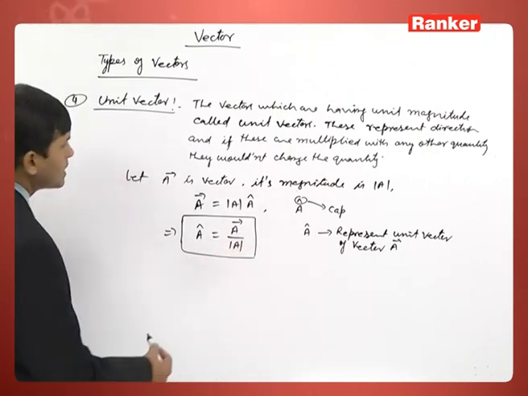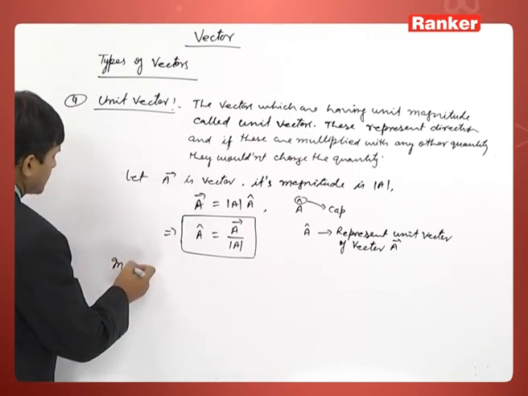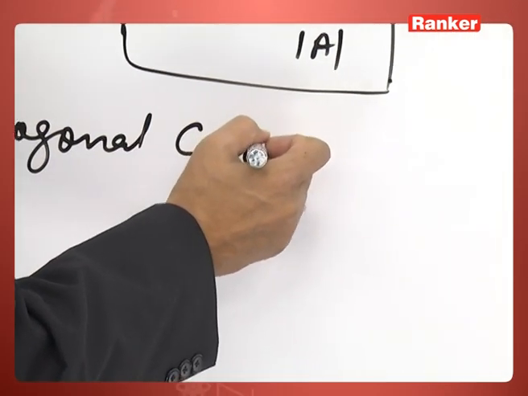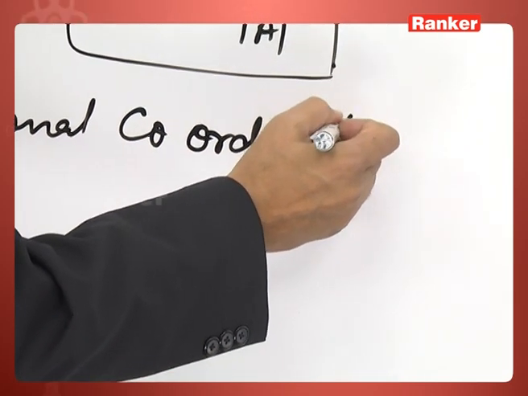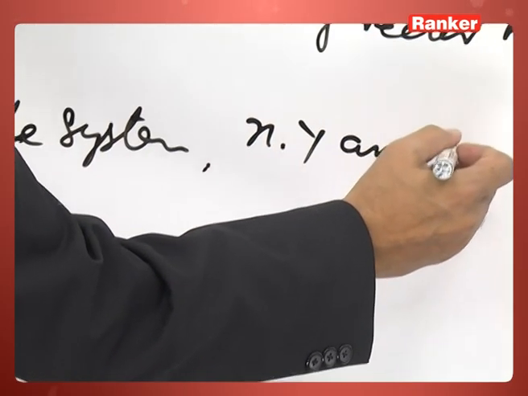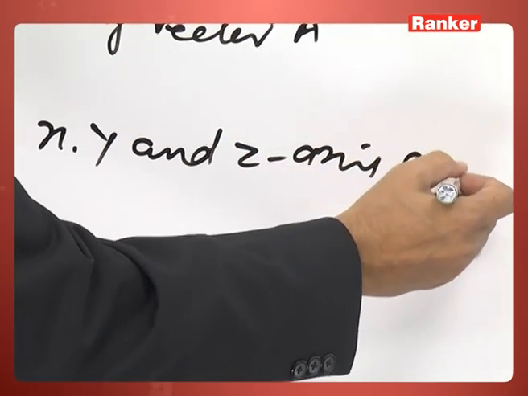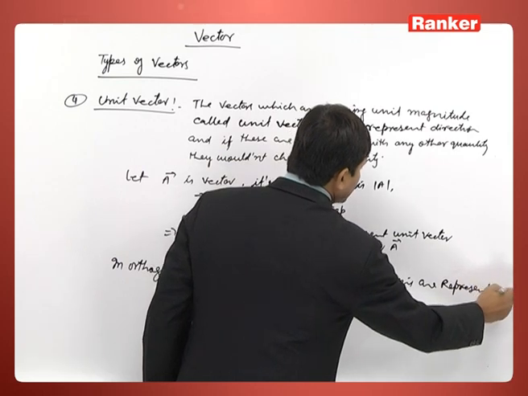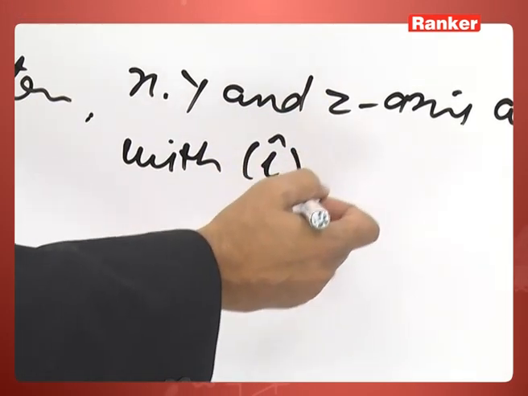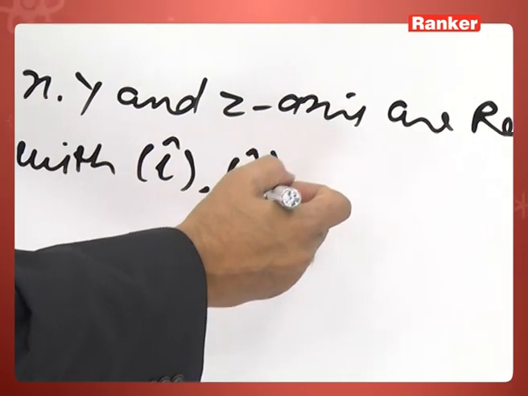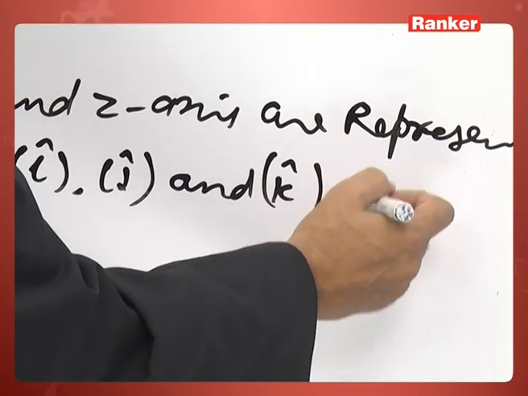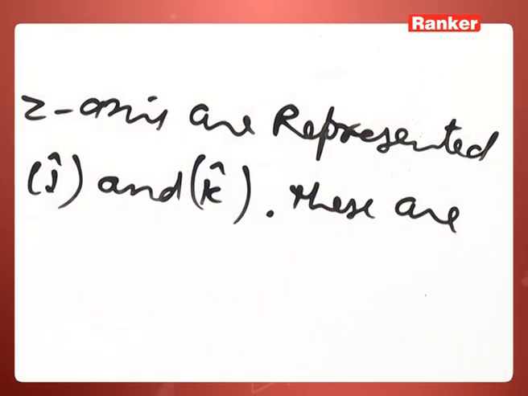In our orthogonal coordinate system, the x, y and z axes are represented with i cap, j cap and k cap. These are unit vectors.